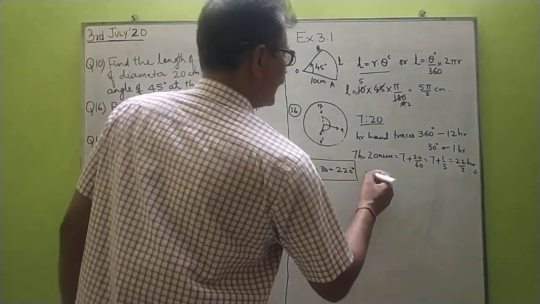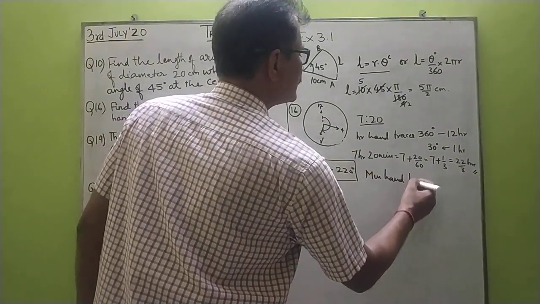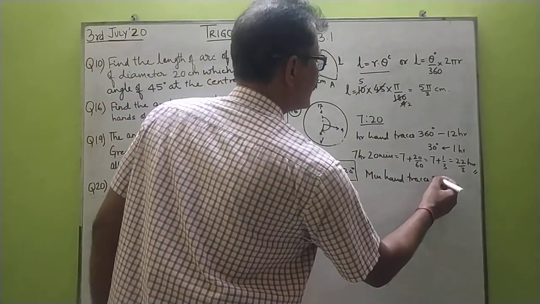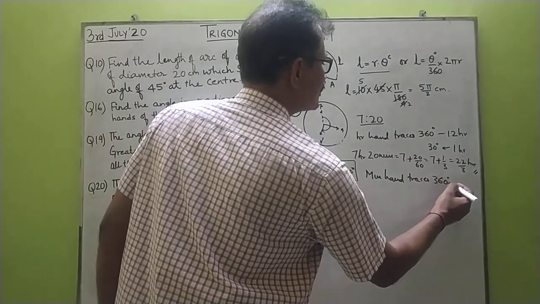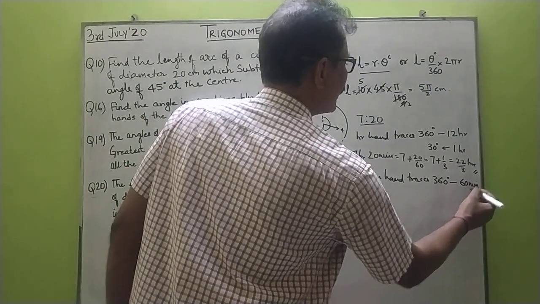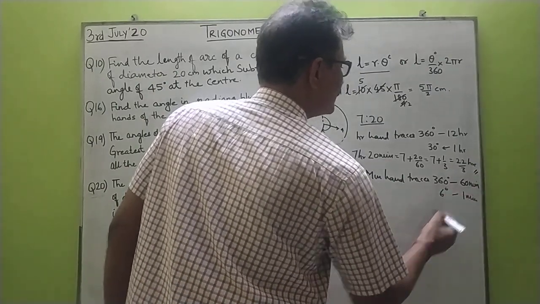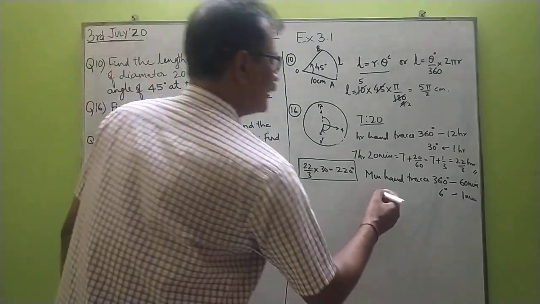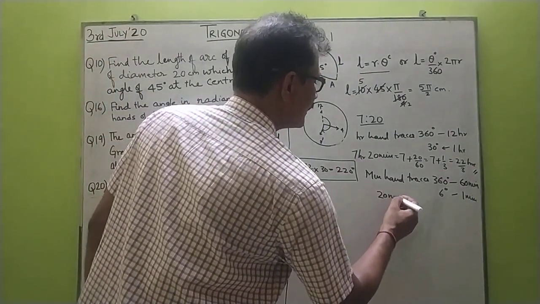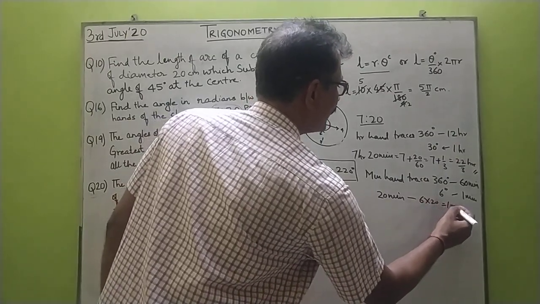Now, looking at the minute hand, the minute hand traces 360 degree, that is one complete revolution, in 60 minutes. So in 1 minute, it sweeps an angle of 6 degree. So in 20 minutes, by unitary method, it will sweep an angle of 6 into 20, that is 120 degree.